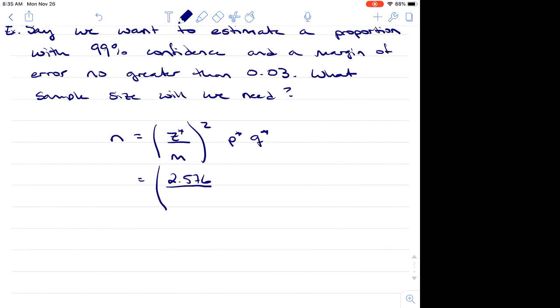So I'm saying I want to have this proportion to within 3%, or 0.03. Squared, times, and then here's where we just always use the 50-50 split.